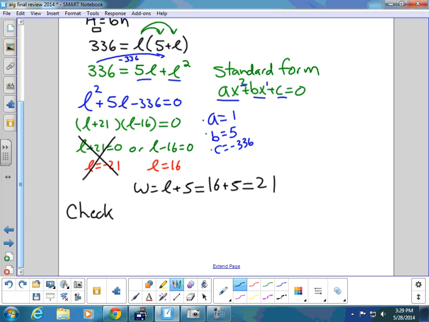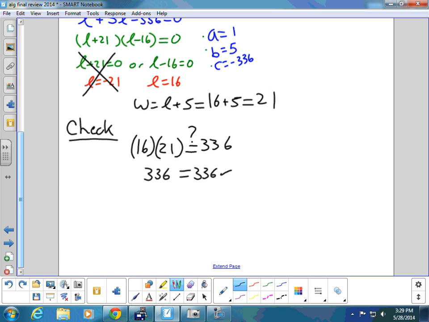It's easier for me to grade. I can see it, we get on with life, and you have a nice summer. So I'm going to do 16 times 21, because length times width, and does that equal 336? And you know it does because you just figured that out. It does check out.